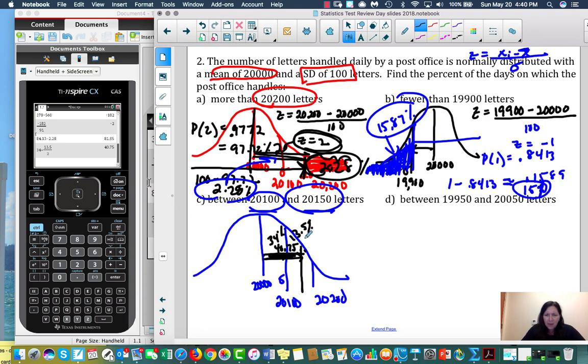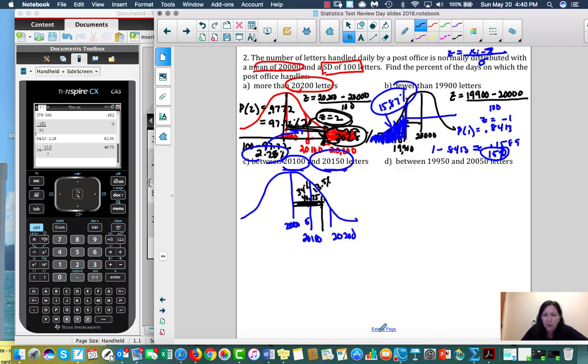All right, so they want to know what's between that percent. And so what I'm going to do now is do this by hand. These are pretty much the same question, so I'm just going to put my work over here.